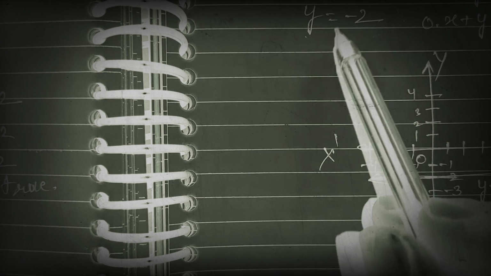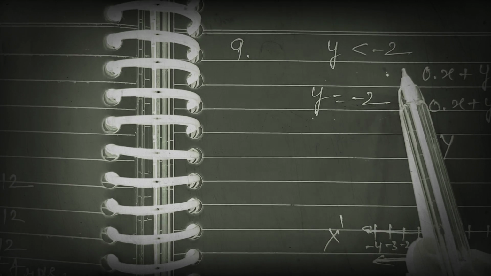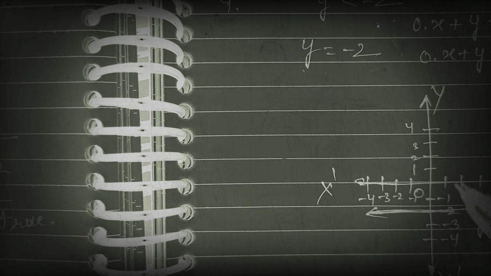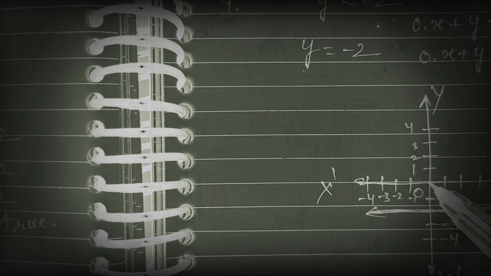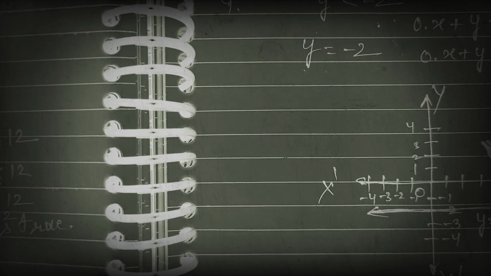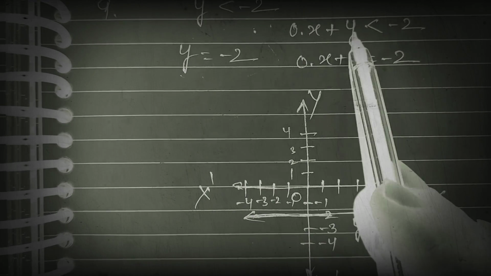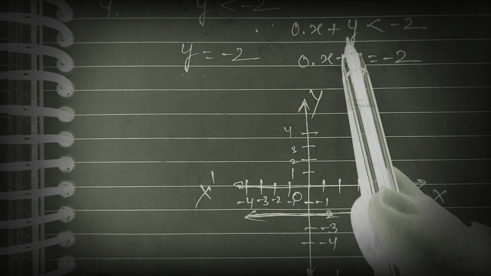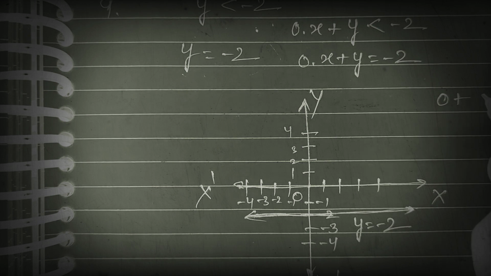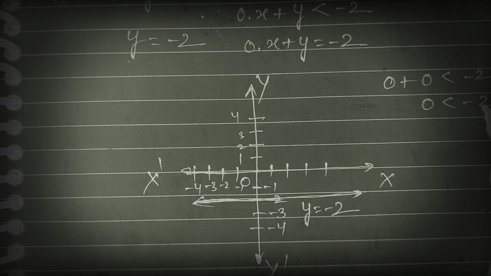But we have to find y is less than -2. For checking the shaded region, I am putting (0, 0) at the place of x and y here. So 0 plus 0, is it less than -2?